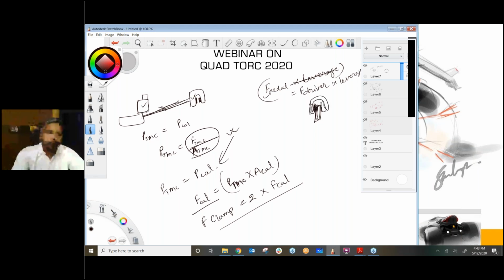Okay, so you know how much torque is there since you know the force, and now the only thing that you need to calculate is the effective radius of your rotor. This is what you have to calculate, and this is how you can design the brakes of your vehicle.